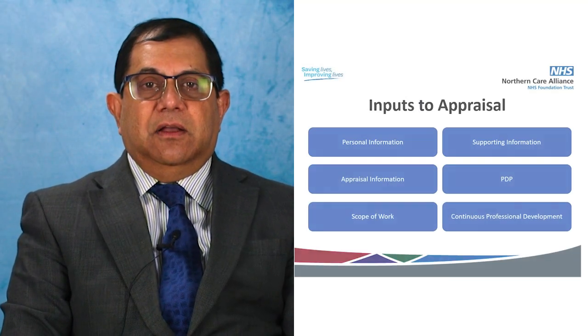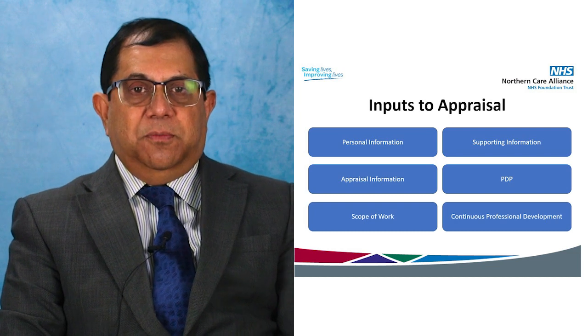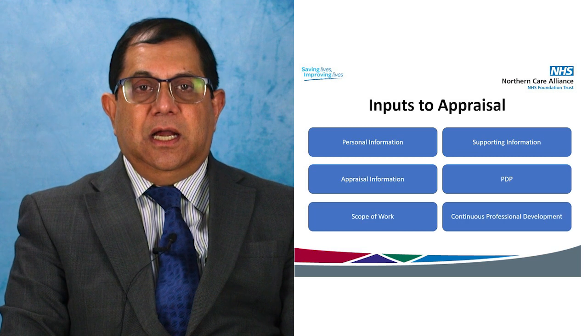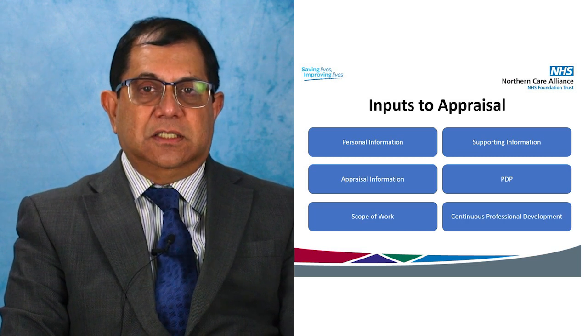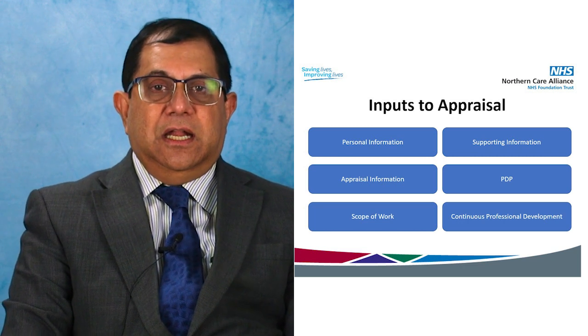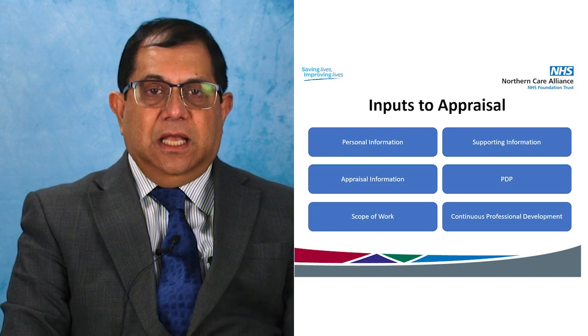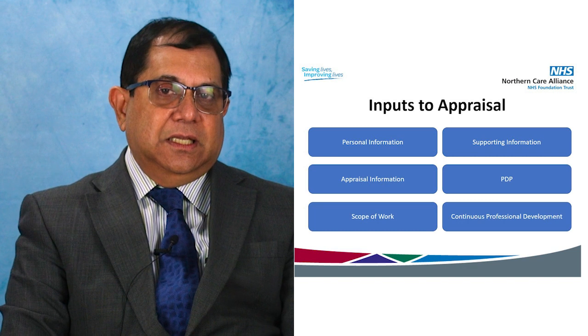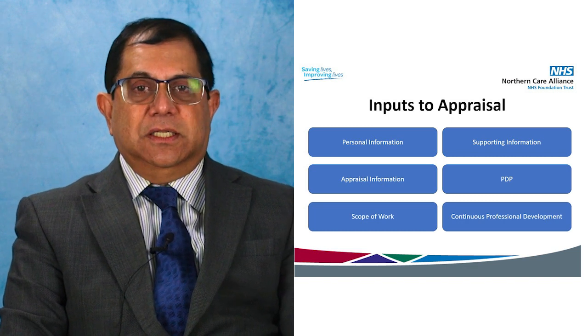The next slide shows you what is necessary in the appraisal folder. The personal information such as name, GMC number, your contact details and qualifications, and adequate indemnity cover arrangements are in place to cover your whole scope of practice, in addition to Crown indemnity.